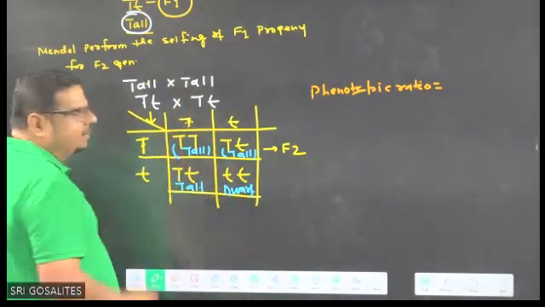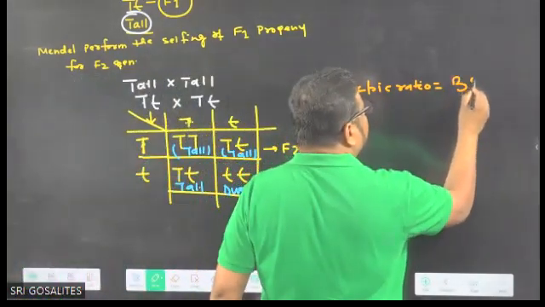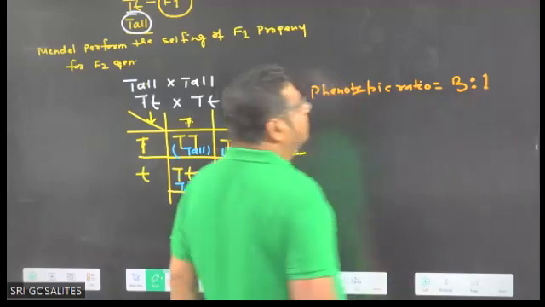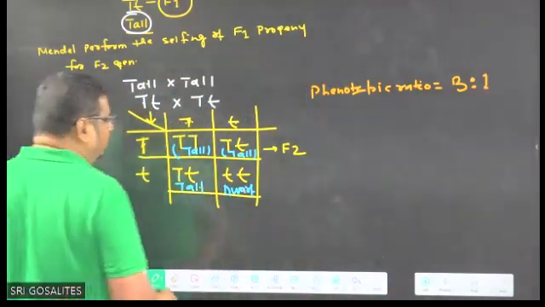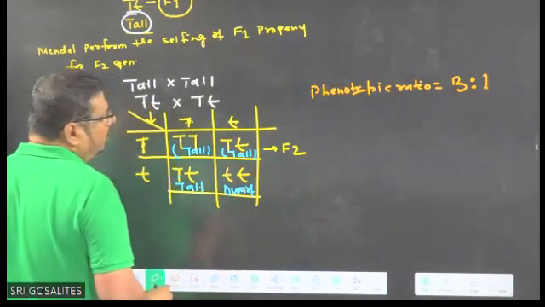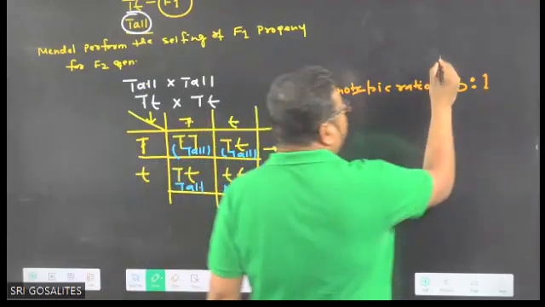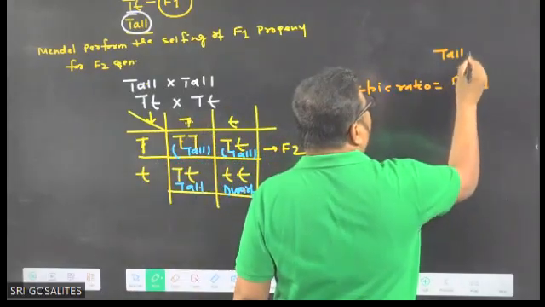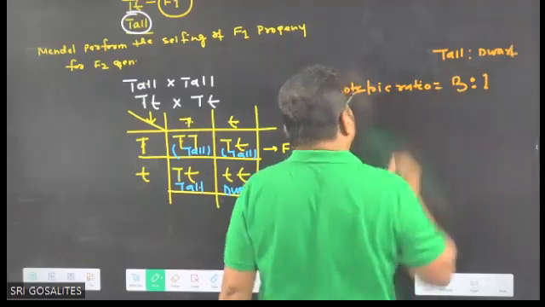How many dwarf are there? 1. So the phenotypic ratio is 3:1. 3 tall, 1 dwarf. Agree or not? Phenotypic ratio is 3:1.